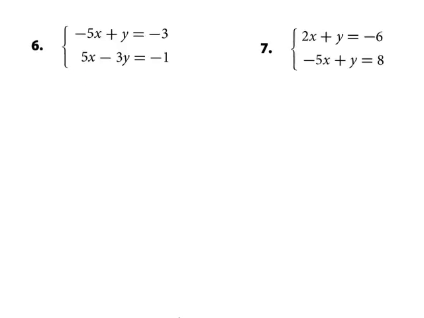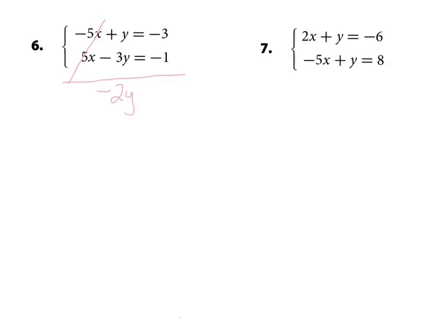So since I'm able to cancel at least and eliminate one variable, then that means that I don't really need to change either one of my equations. So we're going to cancel. So these two are going to cancel here, leaving me with negative 2y.